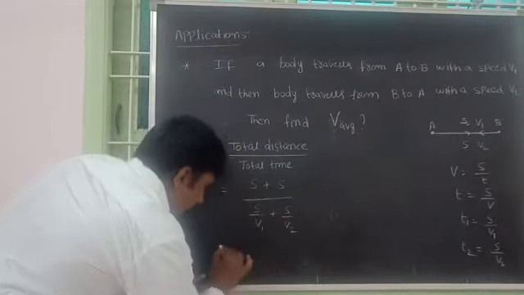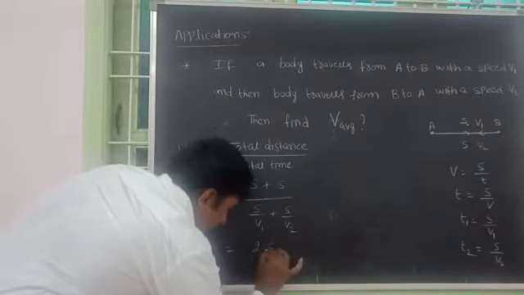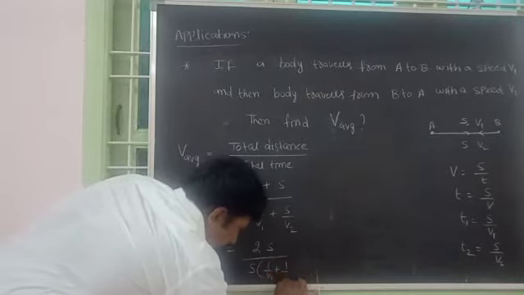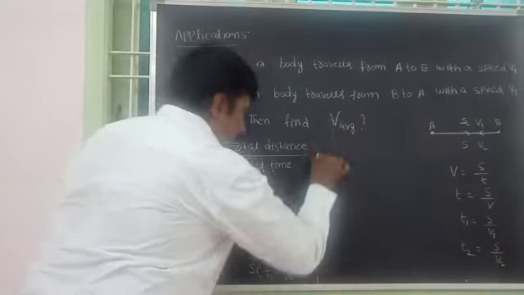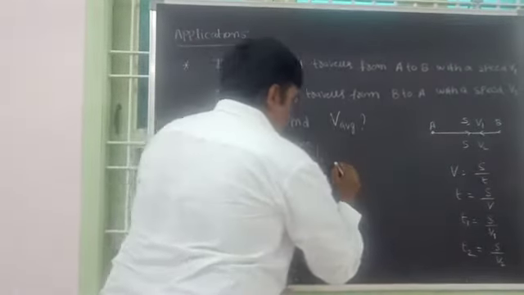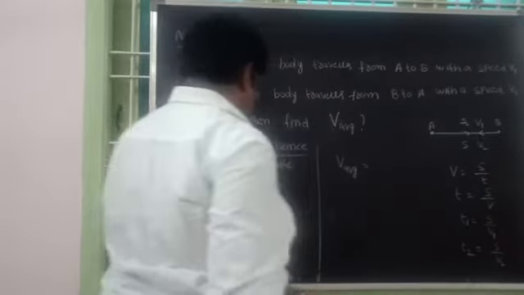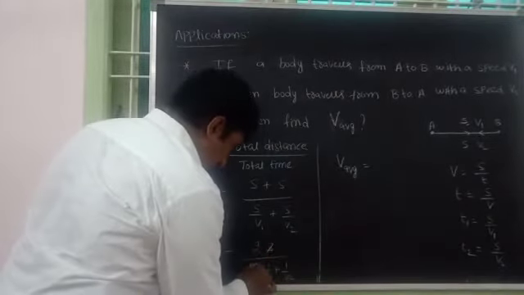Here S plus S is 2S, taking S as common, 1 by V1 plus 1 by V2. So V average is equal to, here S and S will get cancelled.